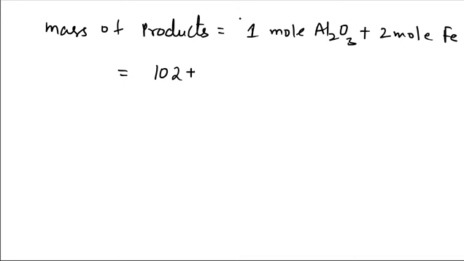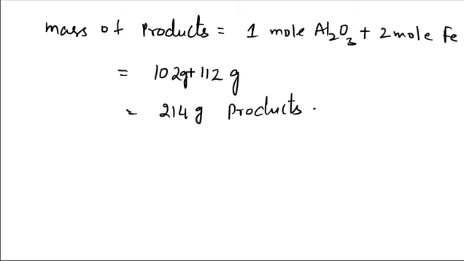There are 2 moles of iron, so 2 times 56, that is 112 grams. Therefore the total is 214 grams of products forming in this reaction, and these products are retaining the heat with them.